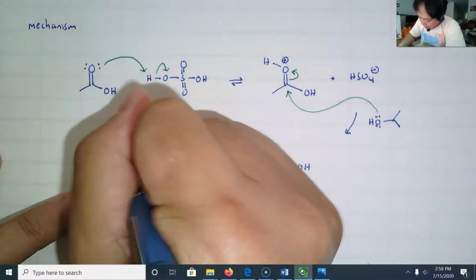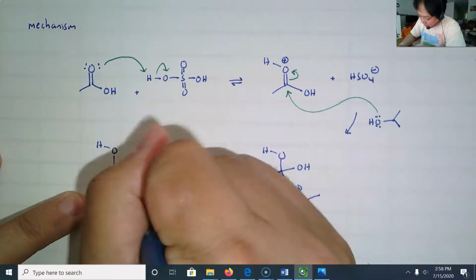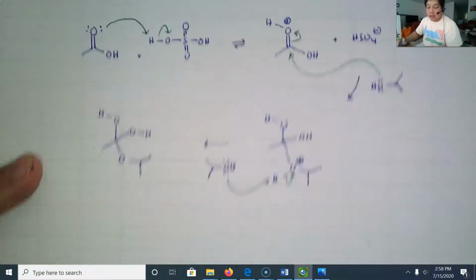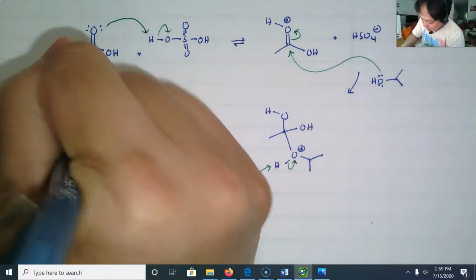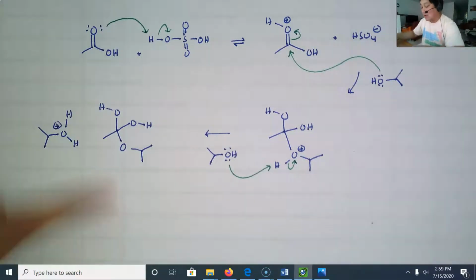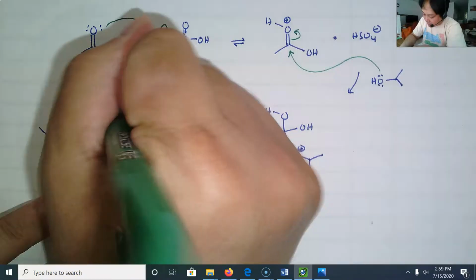Remember, our task is to remove one of these OH groups. The good thing is that we already have the alkoxy group. Okay, that's set already. And we did create this acid. And remember, OH is not a good leaving group, so let us protonate one of these OHs.